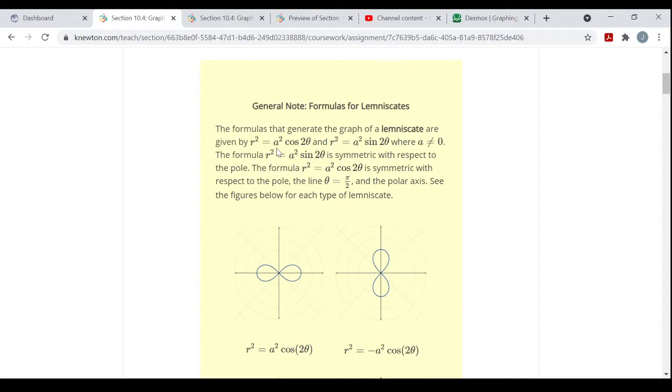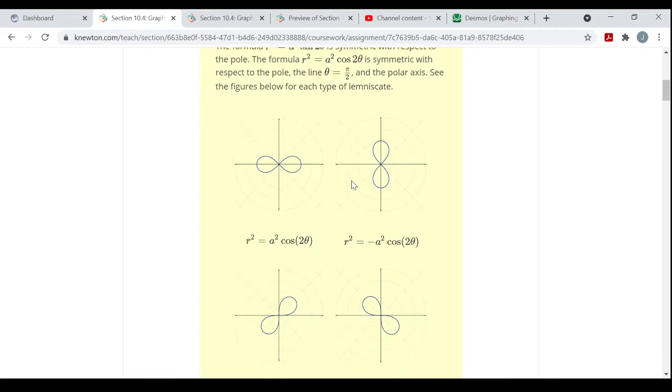So r squared equals some number times the cosine of 2 theta, or r squared equals some number times the sine of 2 theta. The argument, the thing inside the sine or cosine, has to be 2 theta here, and we're talking r squared equals, not r equals. But I will look at the square root just to get r in a little bit.